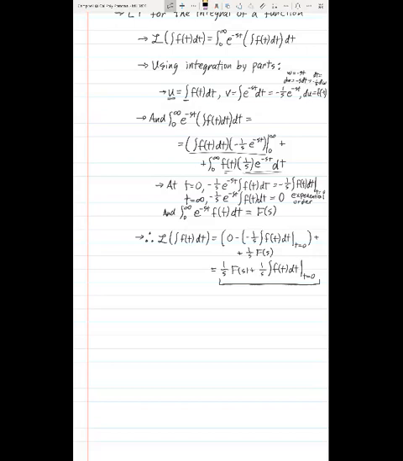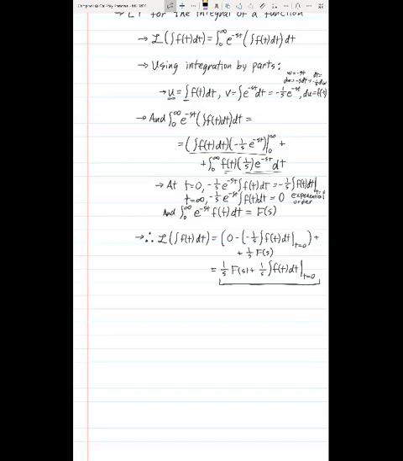Taking the derivative in the time domain leads to multiplying by s in the frequency domain. Taking the integral in the time domain maps over to dividing by s in the frequency domain, or here we've represented dividing by s as multiplying by 1 over s. And so we can see how we have these analogous structures.